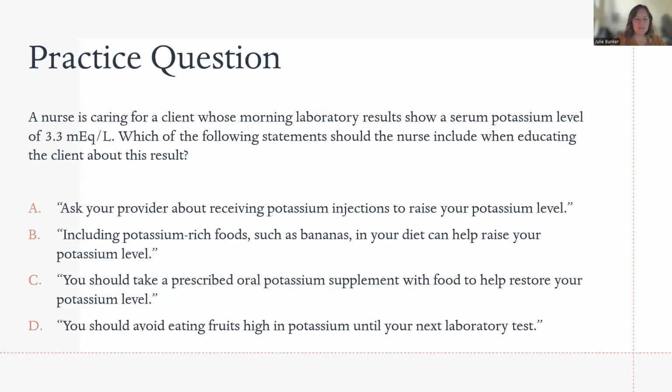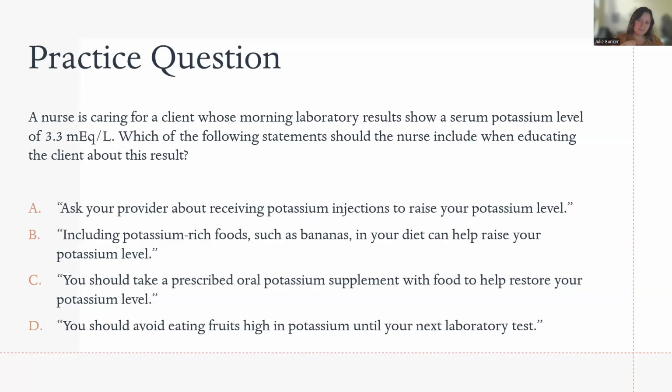B, including potassium-rich foods such as bananas in your diet can help you raise your potassium level. C, you should take a prescribed oral potassium supplement with food to help restore your potassium level. Or D, you should avoid eating fruits high in potassium until your next laboratory test. Answer in 3, 2, 1.